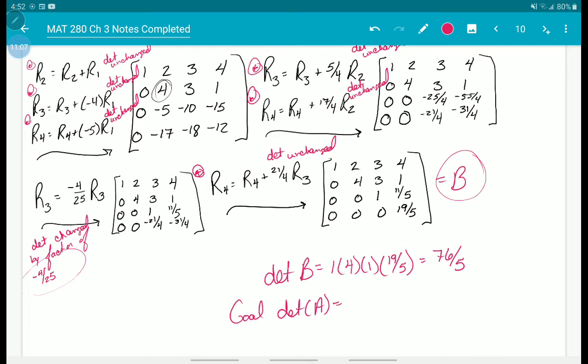So we have to undo that. So our determinant is going to be 76 over 5, and to undo multiplying by negative 4 over 25, we're going to multiply by the reciprocal, negative 25 over 4. And that's going to give us a determinant of negative 95. So the determinant for A, the original matrix, is going to be negative 95.